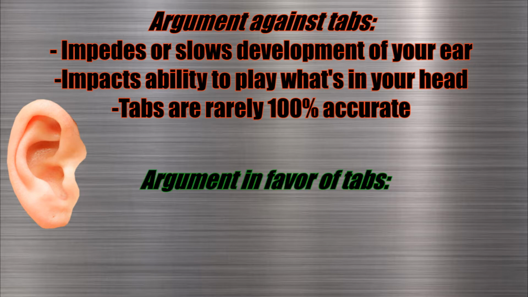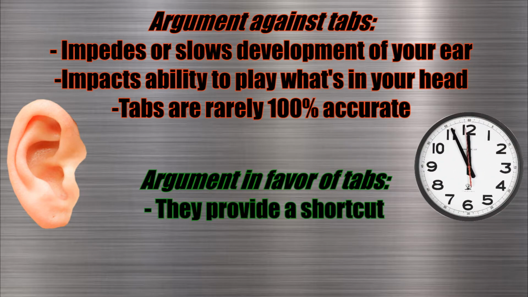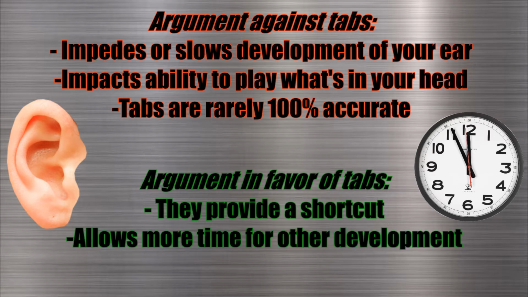Now, on the other side of the argument, in favor of using tabs, the big benefit is that it saves time, right? It provides a shortcut. And by providing that shortcut, it allows you to spend more time doing other things. As opposed to spending hours or maybe days trying to figure out a song or a guitar solo, you might be able to learn it in half an hour. Of course, that depends on the song, right?